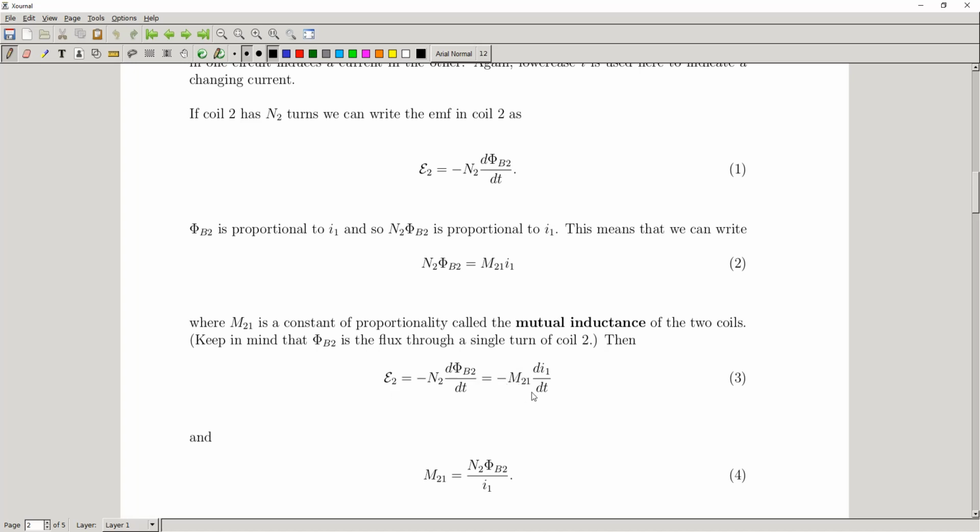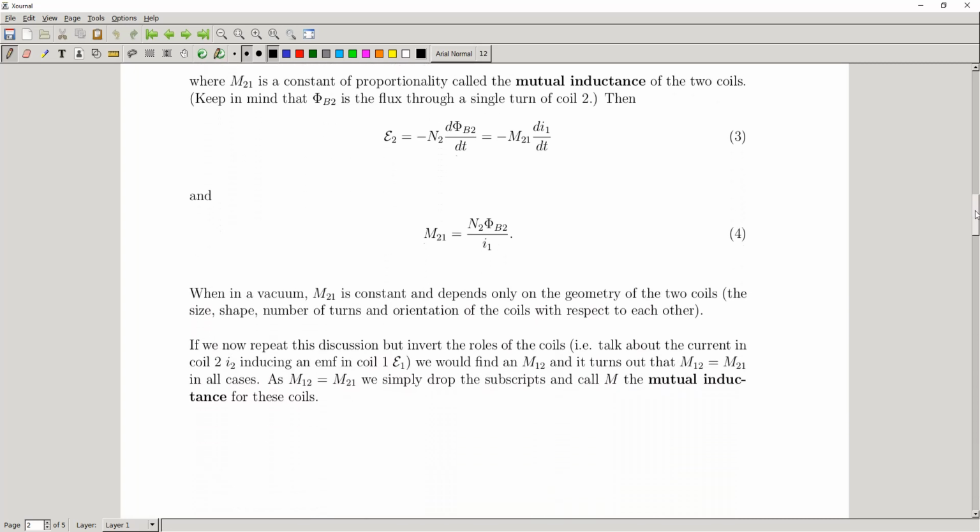So we can solve for our EMF in the second loop in terms of this mutual inductance times the time derivative of the current in the first coil. And we can also take expression number 2 and solve for M21 if we want. We can solve for our mutual inductance in terms of these variables.